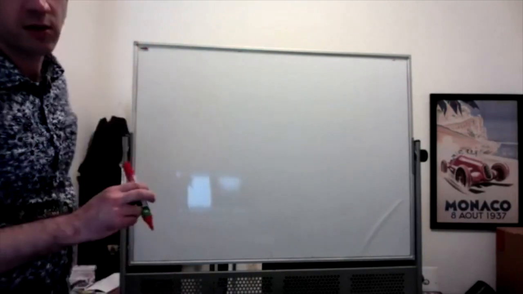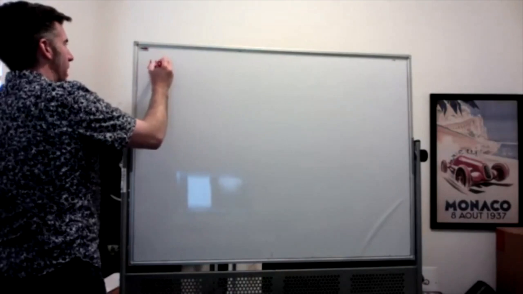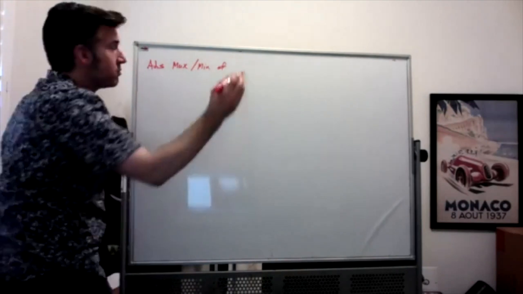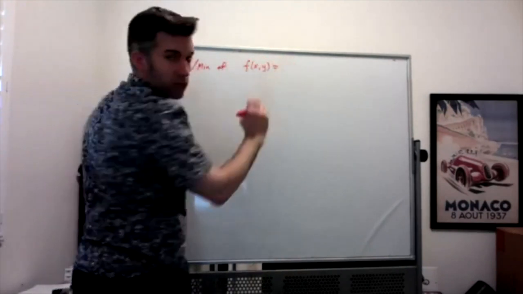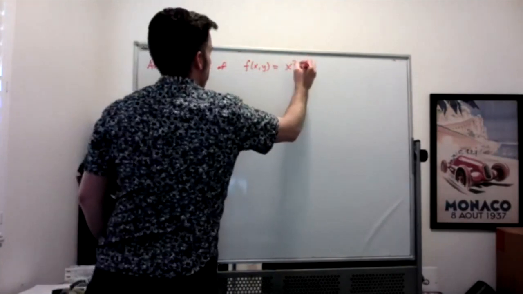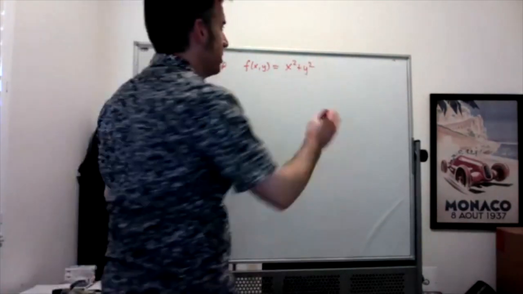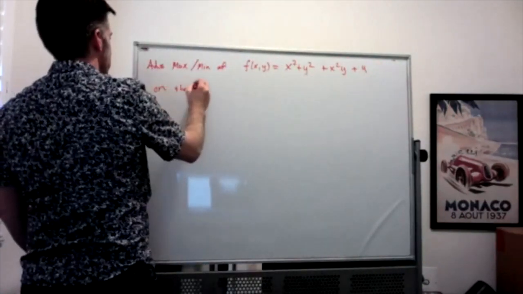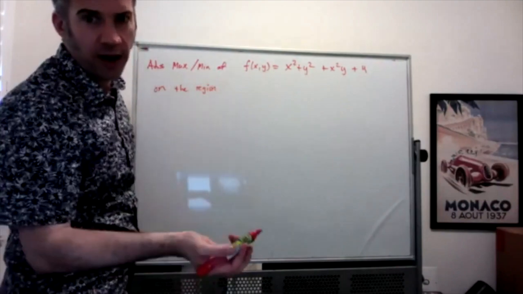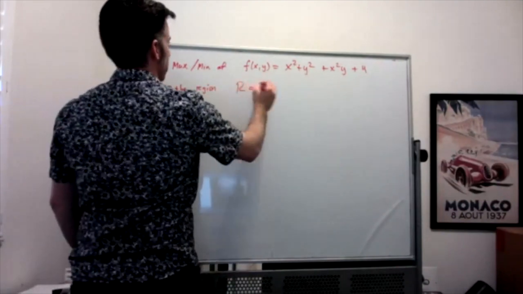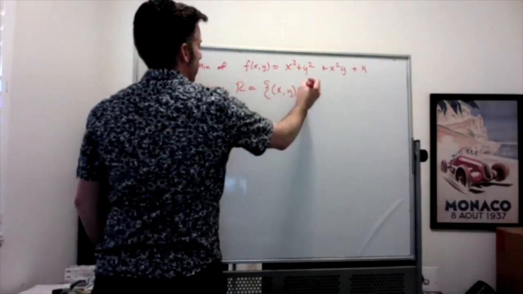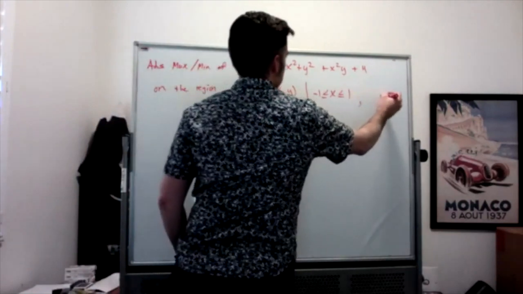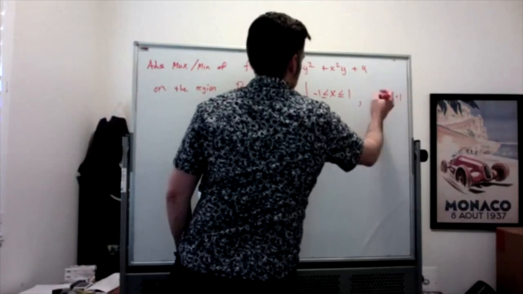So let's say I want to find the absolute max and minimum of this function, f of x, y equal to x squared plus y squared plus x squared y plus 4, on the region described by the set containing the points x, y, such that x is between -1 and 1, and y is also between -1 and 1.